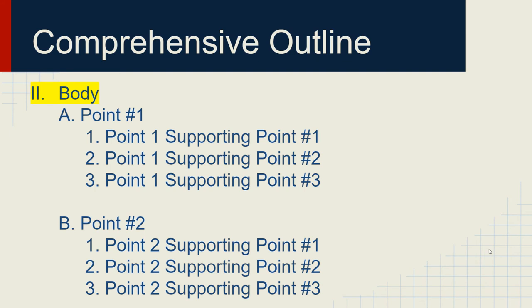Out of the 3 supporting points, you use the ones you decided on for point number 1. You do the same thing in capital letter B of your outline under the body heading, except in this case, you use point number 2. And then below that, for numbers 1, 2, and 3, you type out your supporting points for that point using complete sentences.